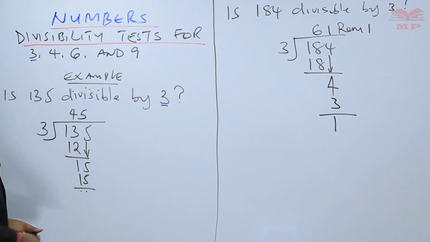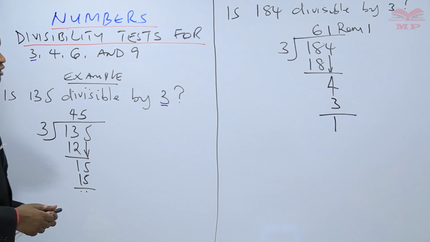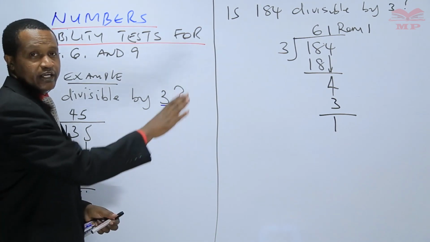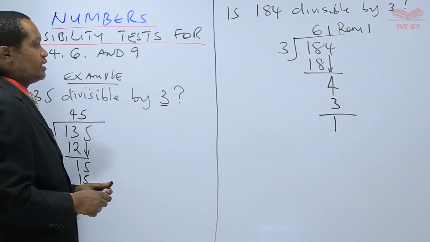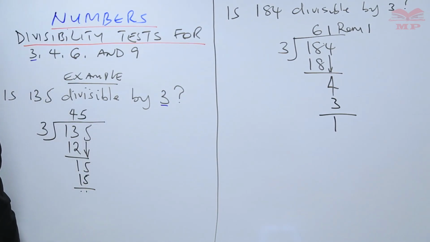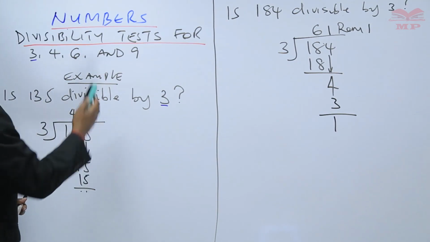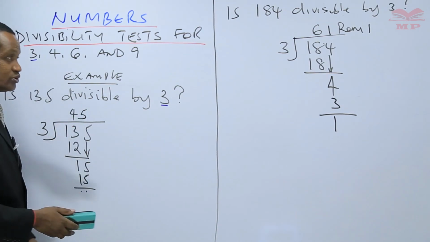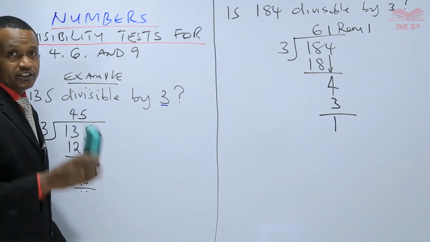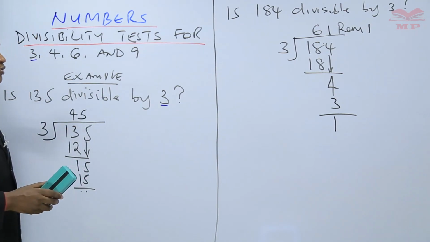There is no remainder. So this is the long way of finding out if a number is divisible by another one. Now in divisibility tests, we do not need to go through this long process to know if a number is divisible by another one.